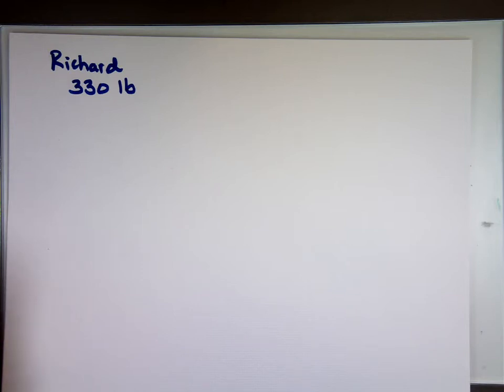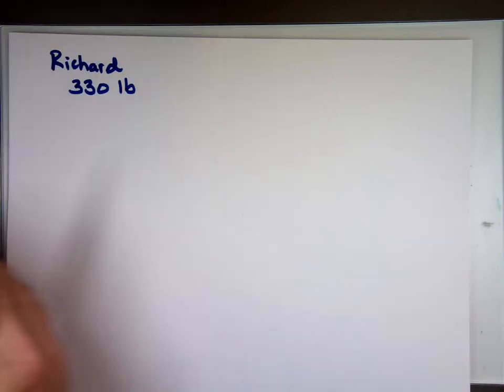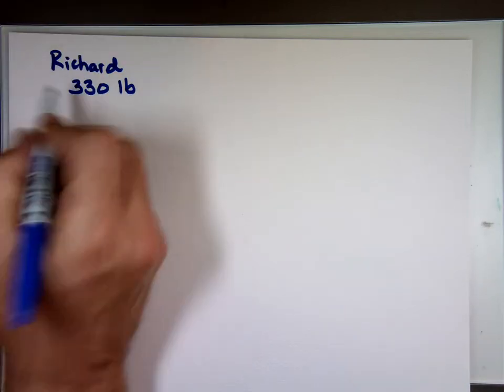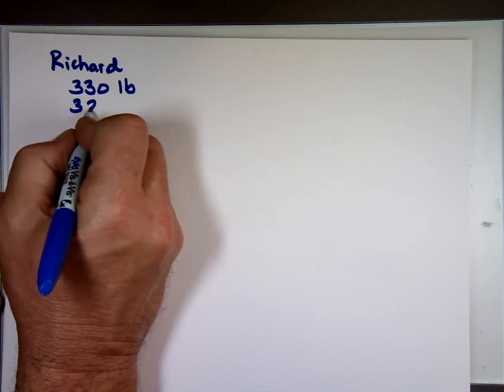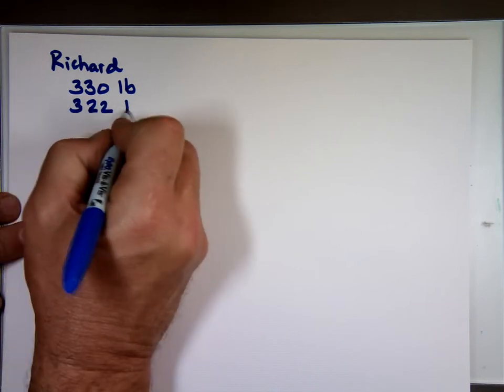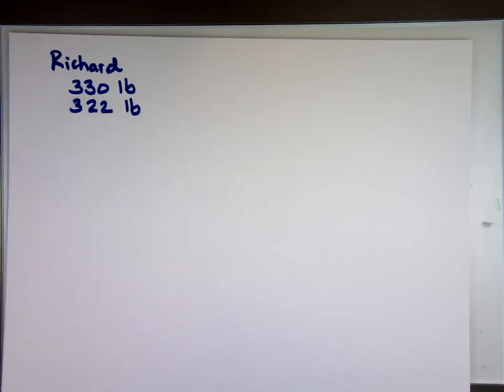And after the first week being on the show, doing his workout, following all the stuff they tell him, he went down to 322 pounds. Lost 8 pounds in 1 week, that's not bad.